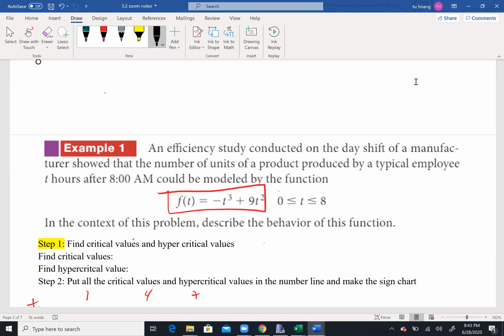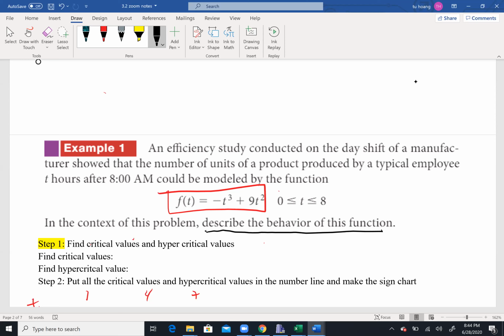Okay, so if you see a question that says describe the behavior of the function in section 3.1, you just worry about the first derivative of x, or whether the function f(x) is increasing or decreasing, and you worry about relative maximum and minimum only. But now you are moving to the second derivative of x, so you will learn more.